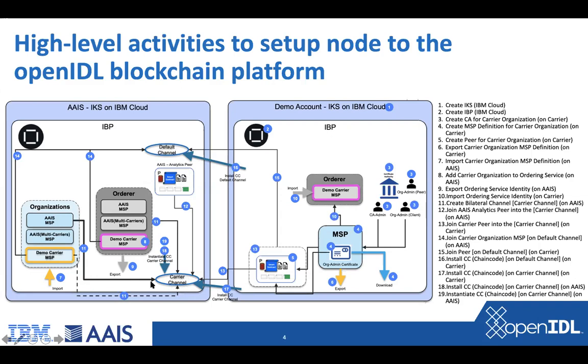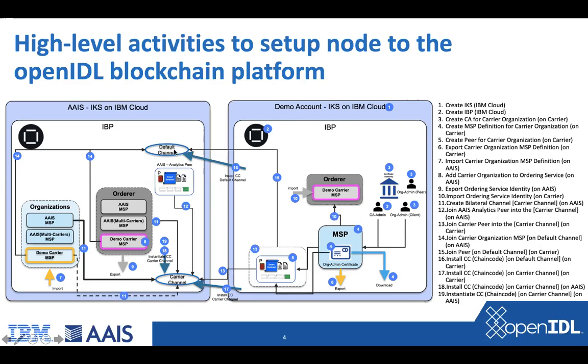Once we do that, you will notice there are a couple of highlighted dotted lines as well as strong lines, meaning the anchor peers and the definitions being used, and the necessary identities are being used. And then the peer will also be connected to the newly created channel for this carrier demo purpose.